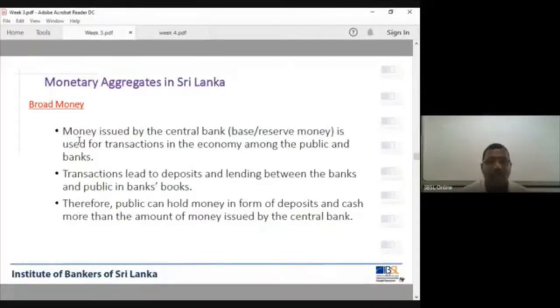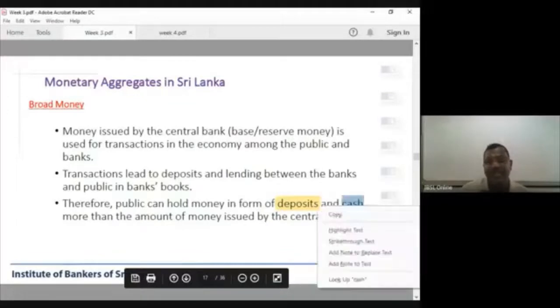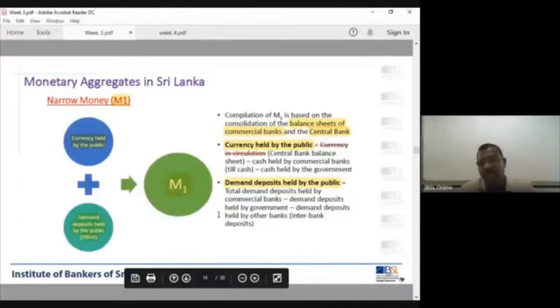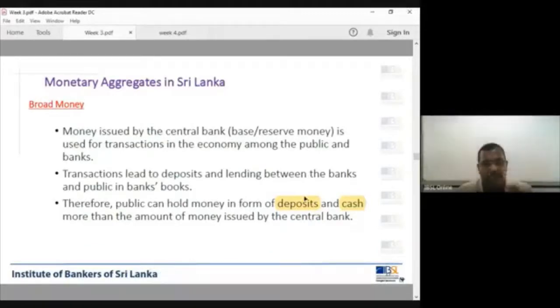So that total money in the economy used for transactions has two things broadly, both deposits and cash. Here in M1 we have cash and demand deposits only. In broad money M2 we have cash and deposits, not only demand deposits, we have a large volume or spectrum of deposits here. Let's see what are these deposits.